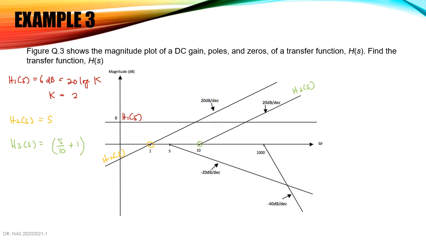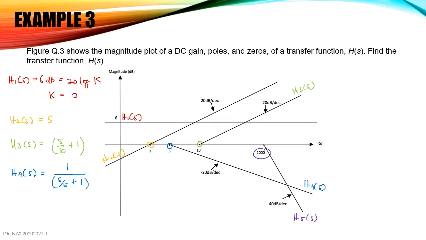So now let's move on to the poles. The first one, you have a pole at 5. We call this one H4(s). It is a pole, so H4(s) equals 1 over (s divided by 5 plus 1). Okay, and we have another line, pole at 1000. We call this one H5(s).